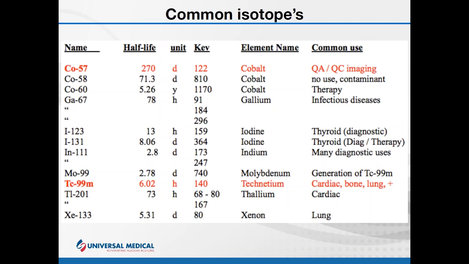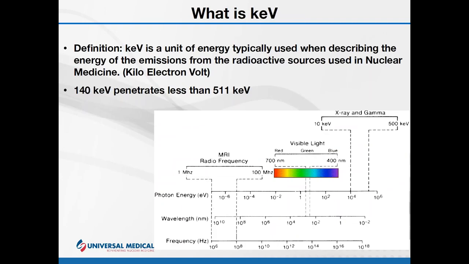I'd mentioned keV levels in previous slides. keV is simply a unit of measurement. It is described as the energy of the emissions of the radioactive source. keV stands for kilo electron volt. And me personally, I like to correlate keV and its frequency with penetrating power.